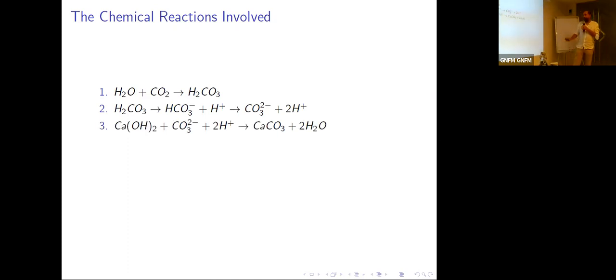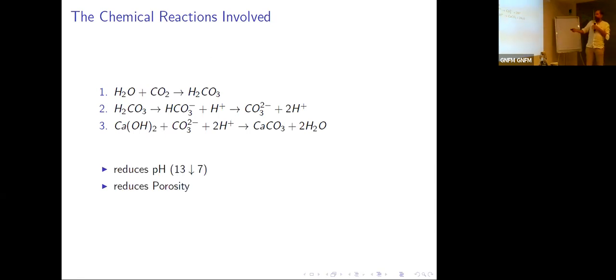The third chemical reaction is that the product of the second reaction reacts with calcium hydroxide and forms calcium carbonate plus two molecules of water. This is the whole process of carbonation.